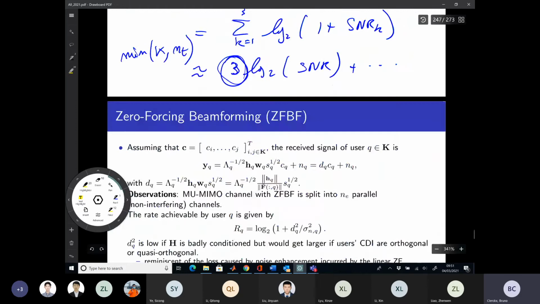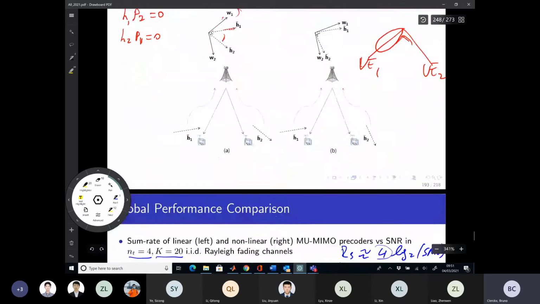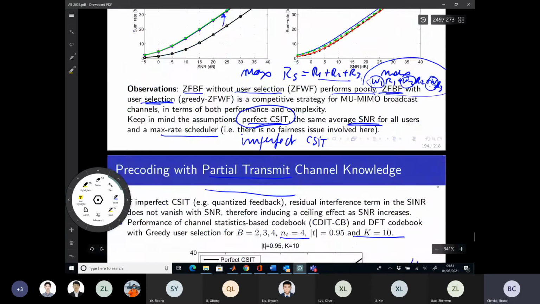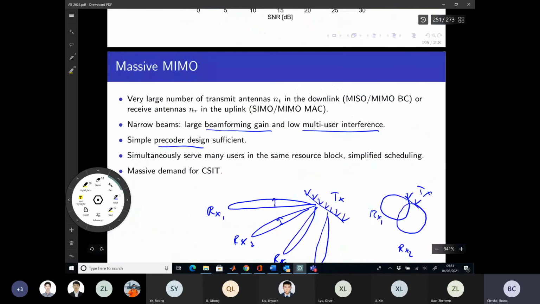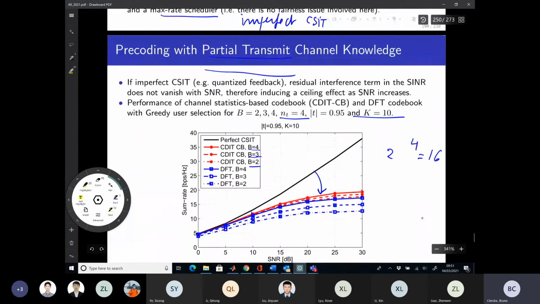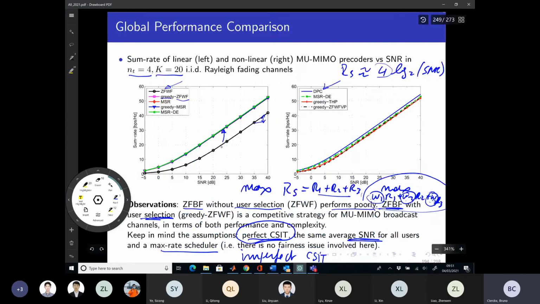Right, but that means because you do zero forcing beamforming, and the channels are very likely to be orthogonal to each other, you can simplify the scheduler. You may not have to rely as much on a greedy scheduler as I did here. So you see that the gain is quite significant, because you need to find users that work well together.